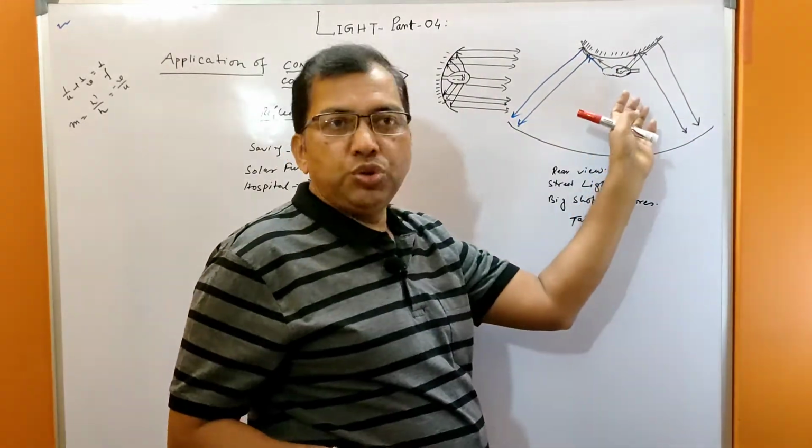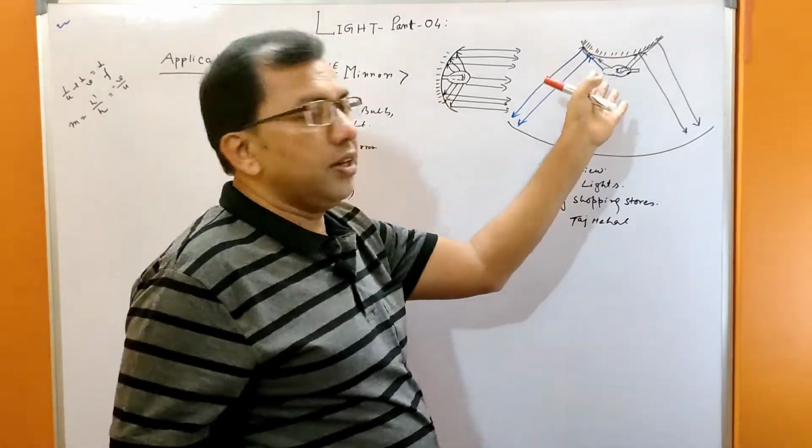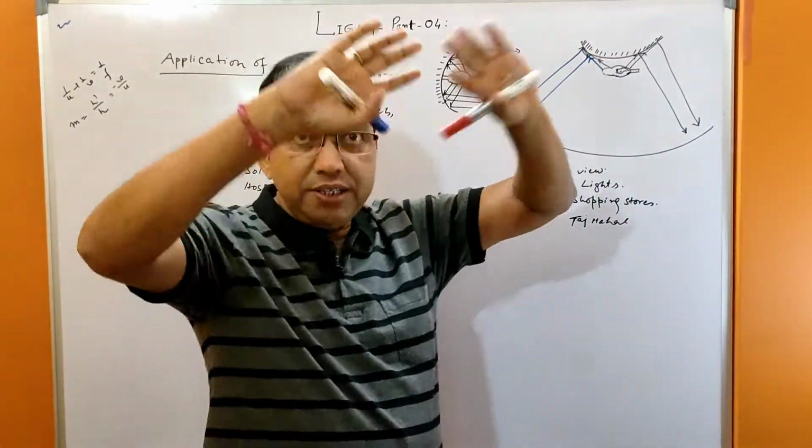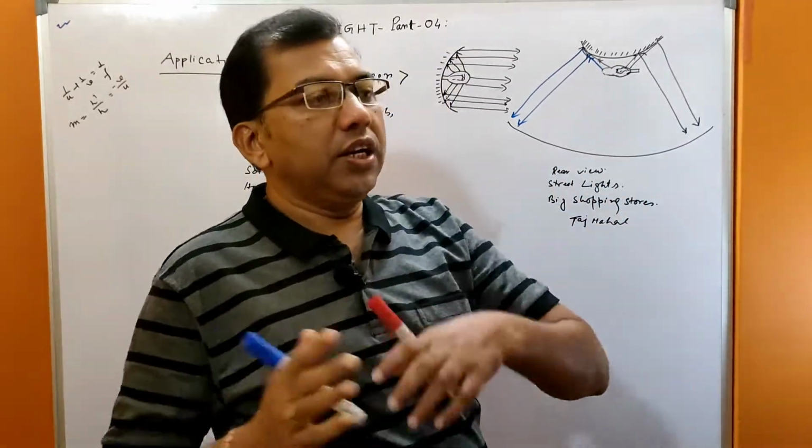In the Taj Mahal, what do you see? A light is fitted with a convex mirror, that's why you can see the wide area of the Taj Mahal clearly. Okay, so these are the uses of concave and convex mirrors.